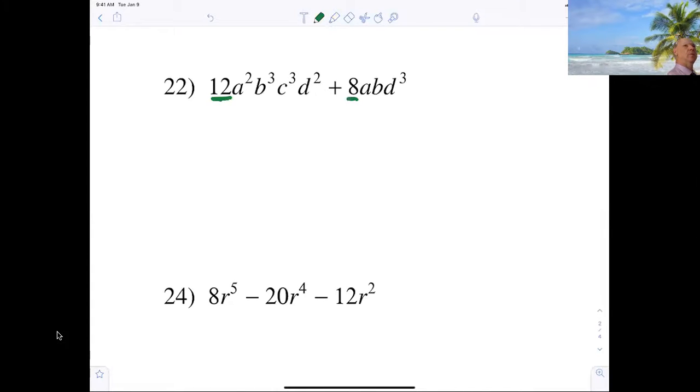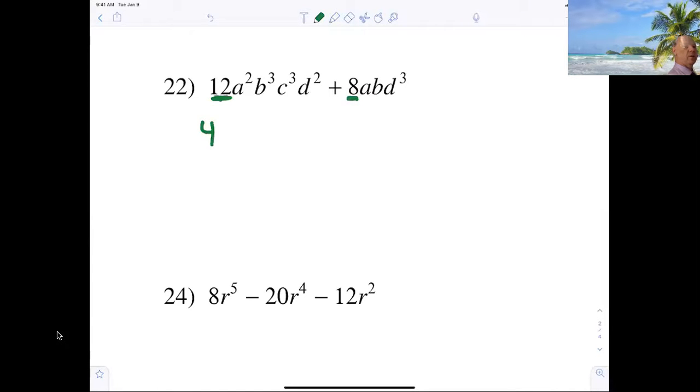Once. 8 times nothing is 12. I mean 8 times 1.5, but 1.5 is not a factor. What's common? What 2 things multiply together to get 12 and multiply together to get 8? 4. That's common. So it's 4.